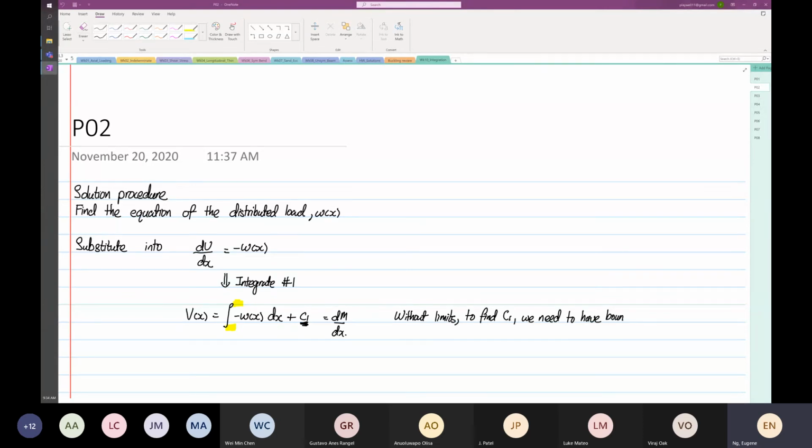We just talked about boundary conditions. You can only identify your constants if you know your boundary conditions, but over here we don't have limits. That's where we need to use our boundary condition.